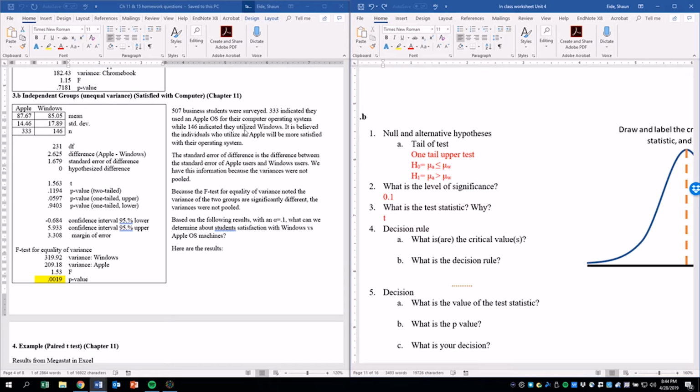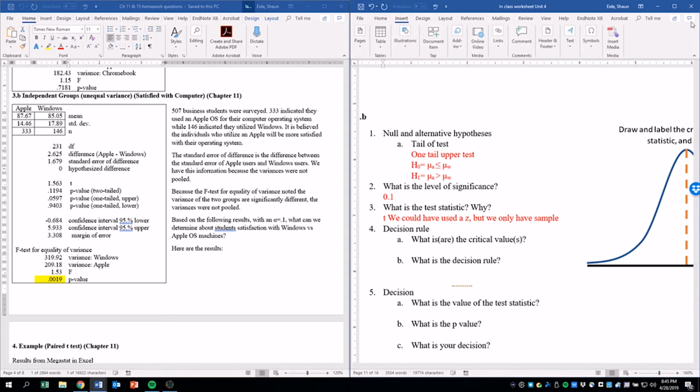But for all intents and purposes, the sample is so large that we could have used a z distribution. Okay, so you can say we could have used a z, but we only have sample SD, the sample standard deviation. I like using the symbols.